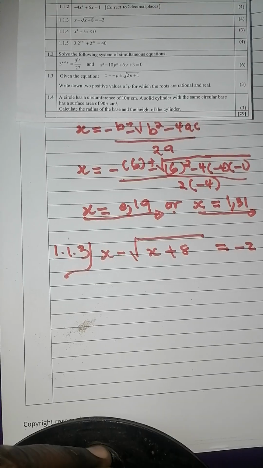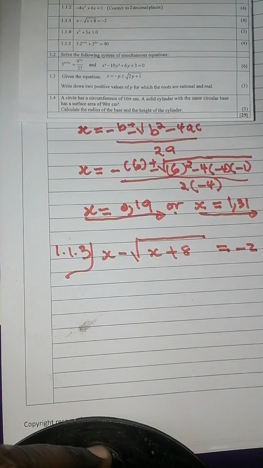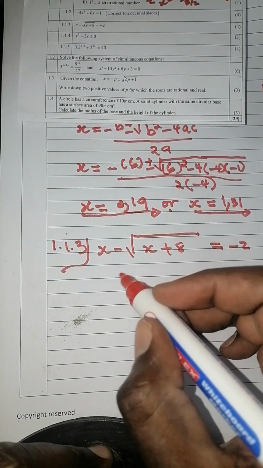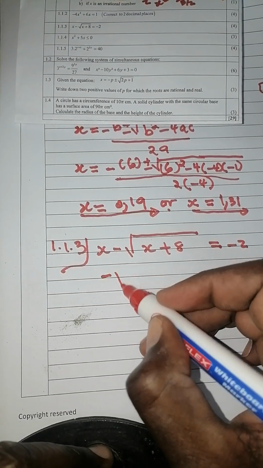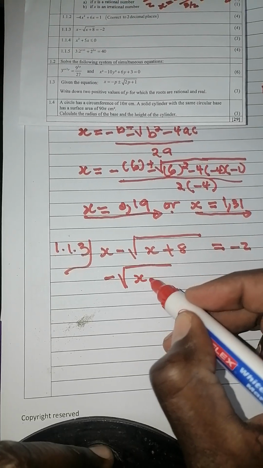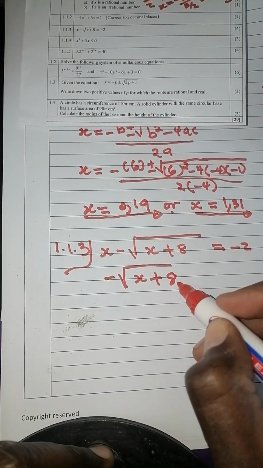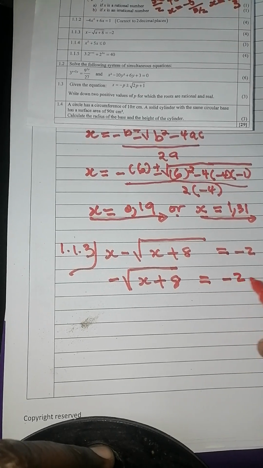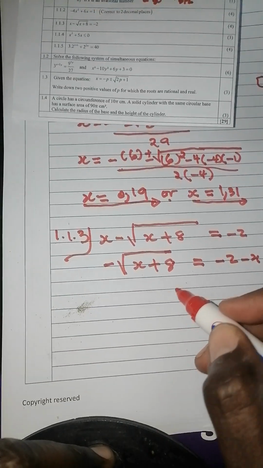This was also for 4 marks. In this case, you're going to take the x to the right hand side, so it's going to be negative the square root of x plus 8 is equal to negative 2 minus x. That is our second step.